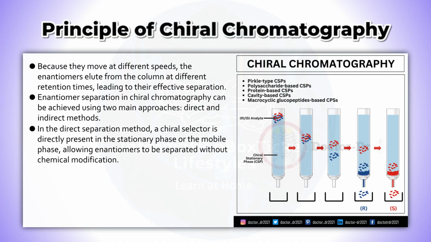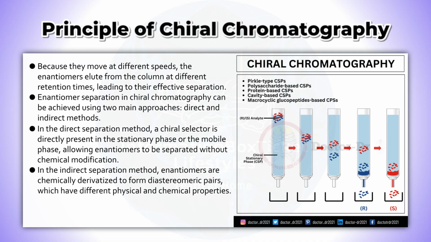Enantiomer separation in chiral chromatography can be achieved using two main approaches: direct and indirect methods. In the direct separation method, a chiral selector is directly present in the stationary phase or the mobile phase, allowing enantiomers to be separated without chemical modification. In the indirect separation method, enantiomers are chemically derivatized to form diastereomeric pairs, which have different physical and chemical properties.